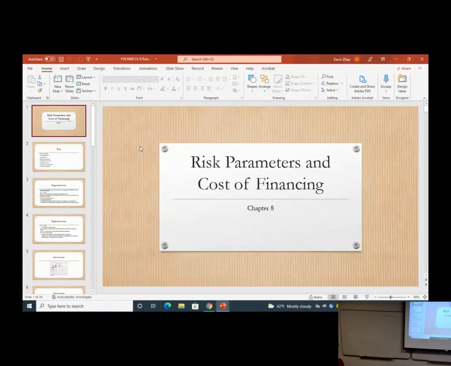But sometimes you need cost of capital, so you can utilize the free cash flow to the firm model. To get the cost of capital, of course, you need this cost of equity and cost of debt, and how to put those things together in the cost of capital formula.